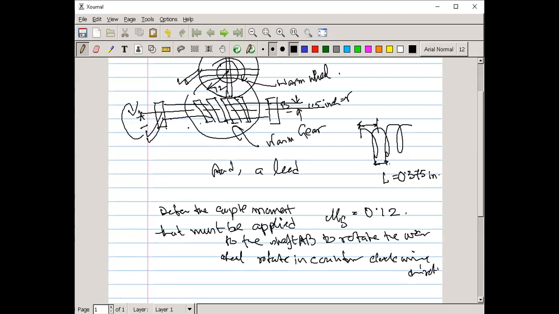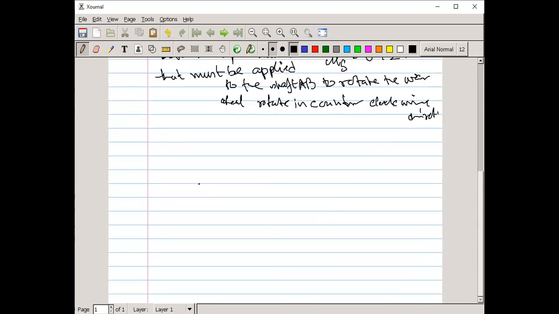Now the question, if it is like that, then what we have to do? A simple, first draw, suppose one rotation means how much it is.